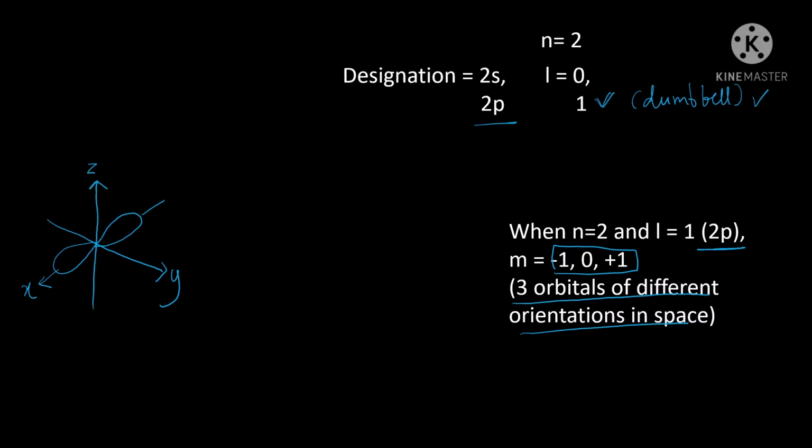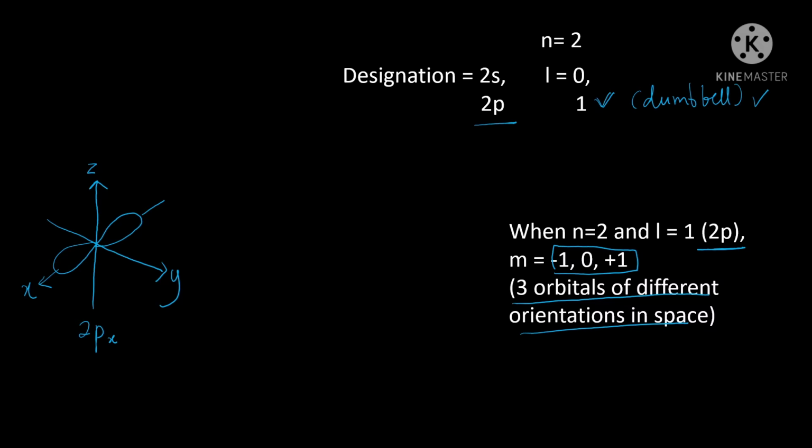As this dumbbell-shaped orbital is lying along the x-axis, this orbital is called 2px. So this is one of the orbitals in the 2p subshell.